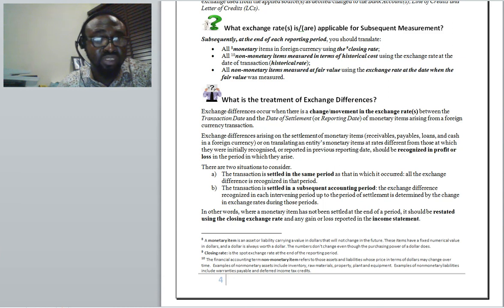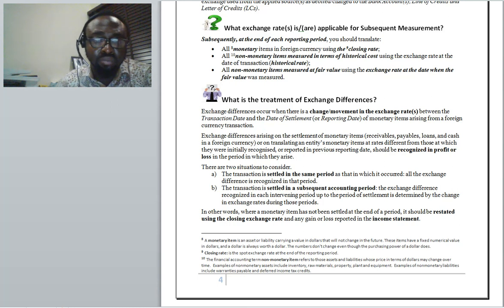or reported in previous reporting dates should be recognized directly in your profit or loss account, which implies that exchange differences, regardless of whether realized or unrealized, provided they are attributable to differences arising from the translation of balances held as monetary assets and liabilities, such gains should be reported in the financial statement.